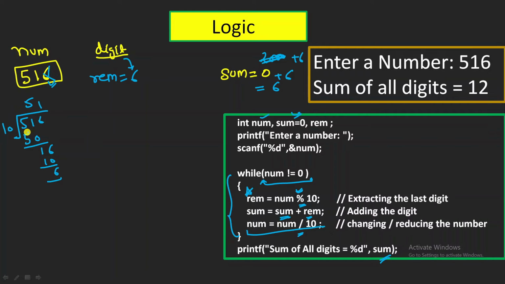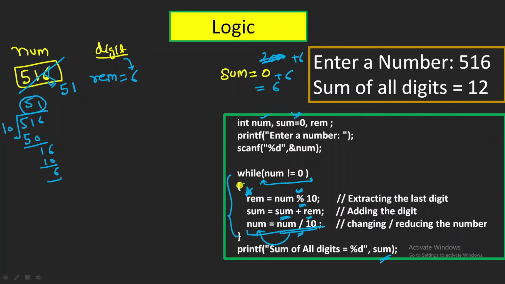This 516 by 10, the quotient is 51. So 51 will be stored inside the number variable. The same variable will be updated to a new value, that is 51. We are not creating any new variable, we are just updating the original number only.